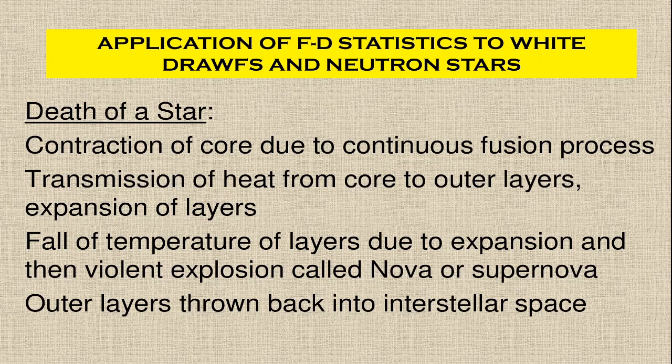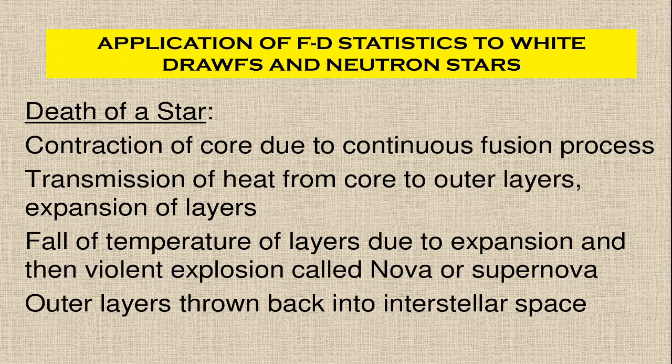Due to this transmission of heat, the outer layers will start expanding, and they will become very big in size. The outer layers will go on expanding, and due to the expansion, the temperature will fall. So the temperature of the outer layers continues to fall due to expansion.